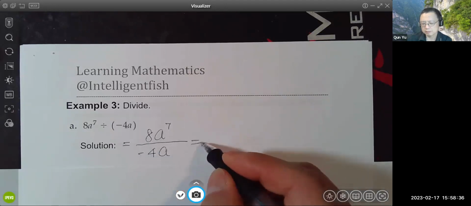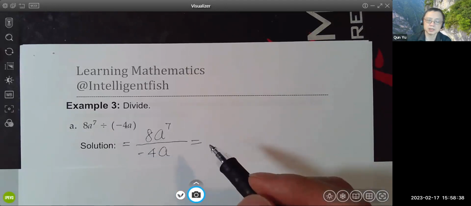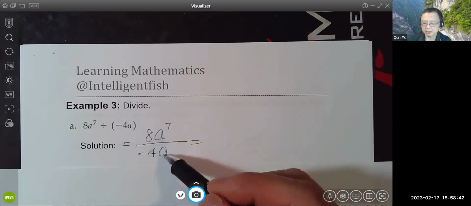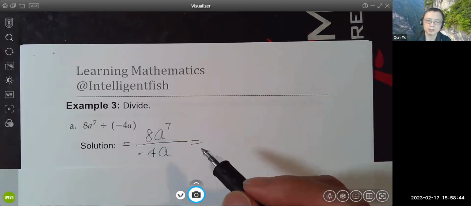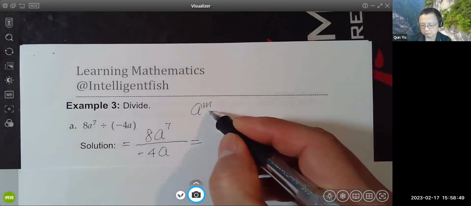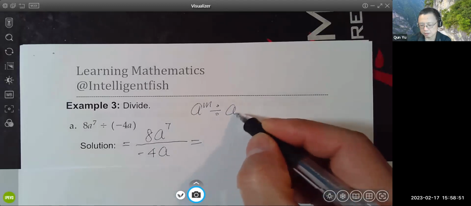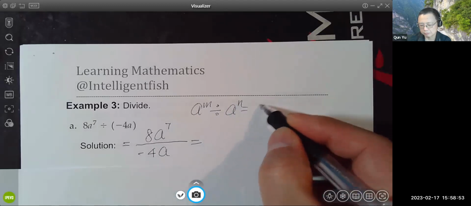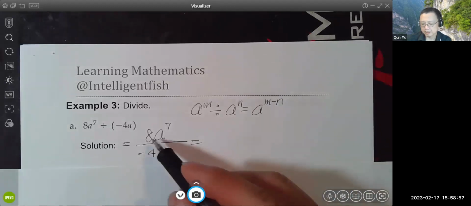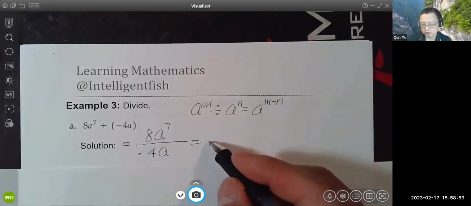When we do division between monomials, we use number divided by numbers, same letter divided by same letter, because this way we can apply the division formula, which is this. I'm going to write it in here. So 8 divided by negative 4, the result is negative 2.